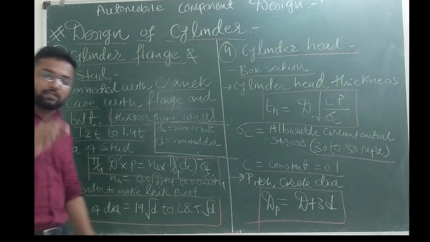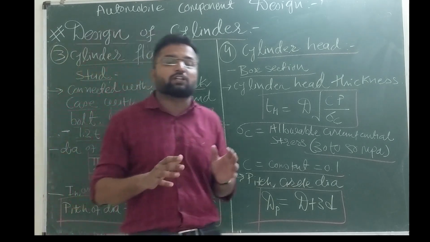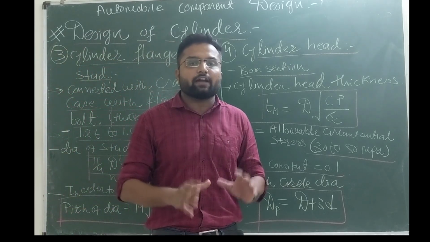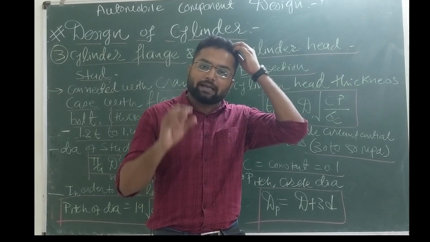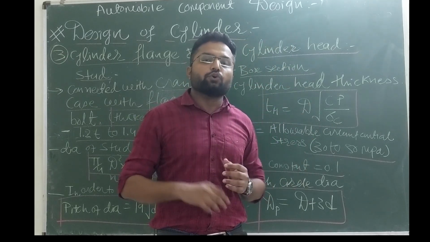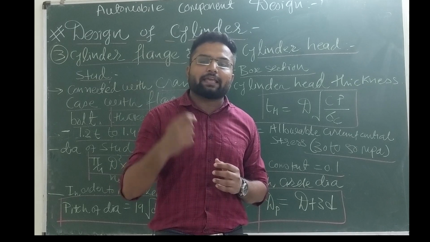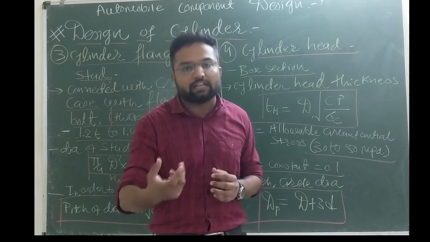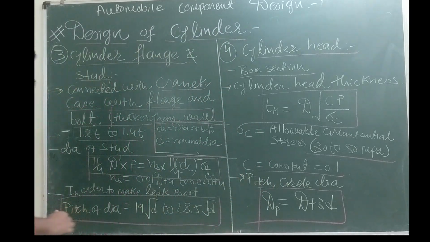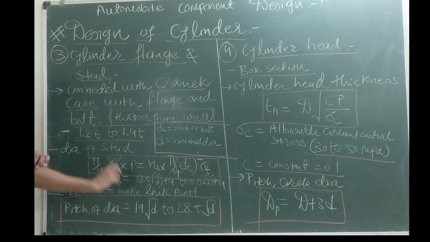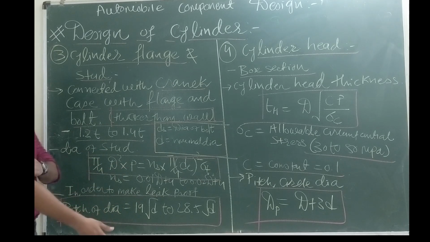Why are we increasing the flange thickness? Because this flange comes under an immense amount of stress and tends to break. That's why we make this flange much thicker than the thickness of the wall. After that, we have to determine the diameter of the stud.